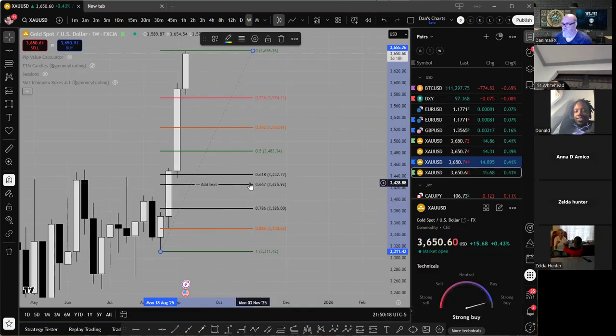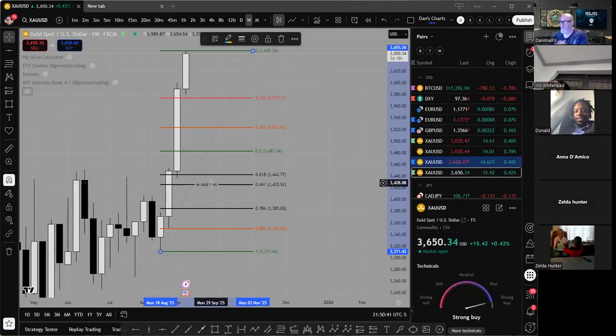But I put the 667 in there because I notice when it does break and go below 618 but doesn't hit the 786, it usually will come back and hit this 667. It's just something I learned from another trader, another mentor of mine, who taught me these few different added layers that I can add in.